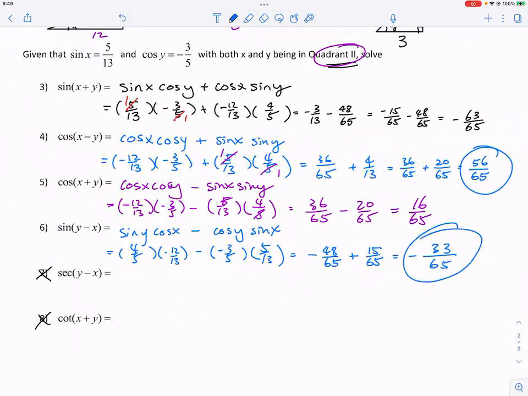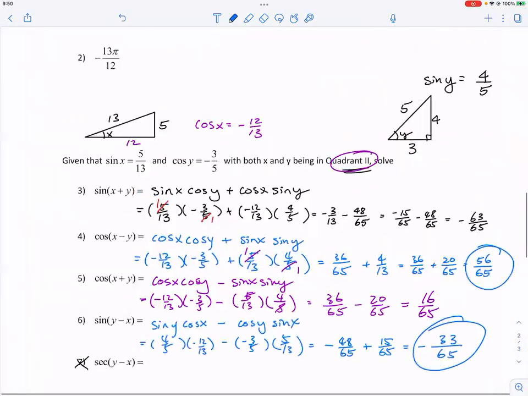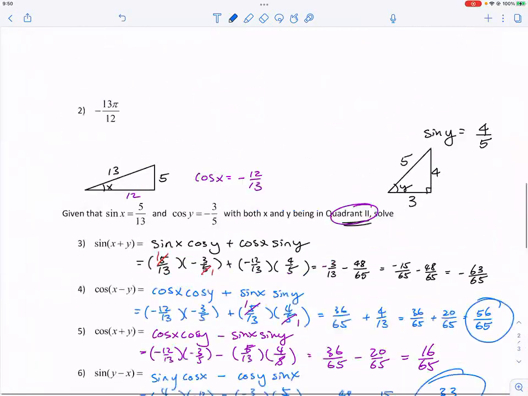I hope you don't find it too challenging. It's just a bit tedious, and you have to be very diligent with your handwriting. So do not skip around.